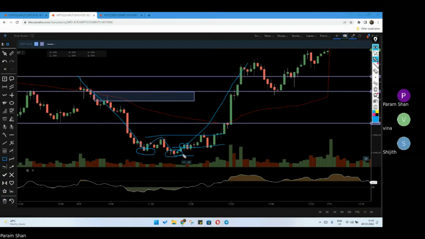In this case, since we have VWAP, we can identify VWAP as another target place. See what happened, it went to VWAP. There was a consolidation before the next move happened. When the next move happened, it went bullish.